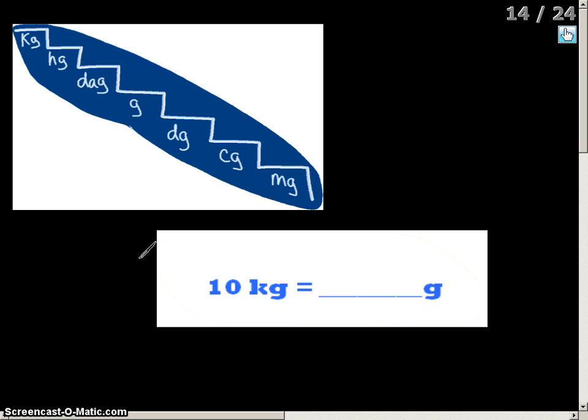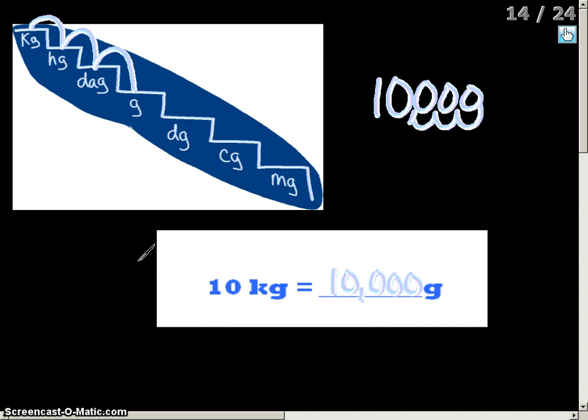Let's take a look at one more. Now we have 10 kilograms equals how many grams? What I want you to do is pause the video, and when you are finished working this problem out, you can press play and you'll see the answer. So I want you to pause the video now. Okay, so you can see I have my answer, 10 kilograms equals 10,000 grams.